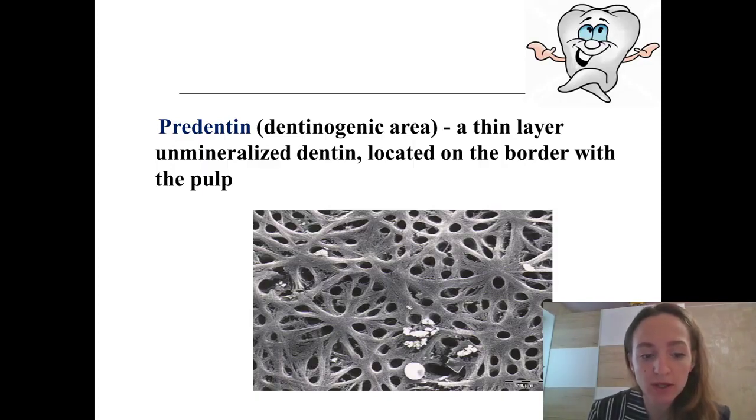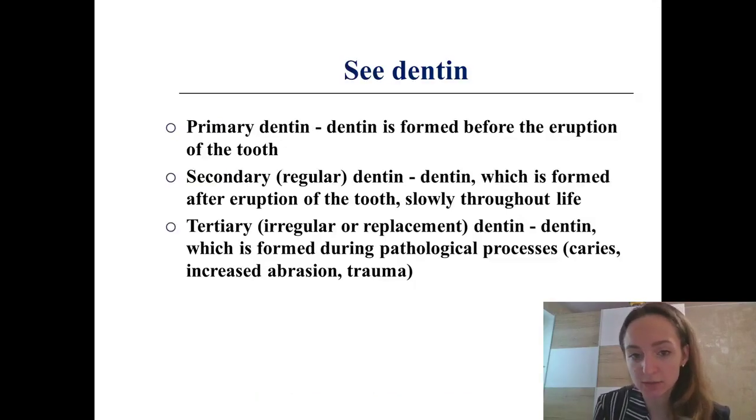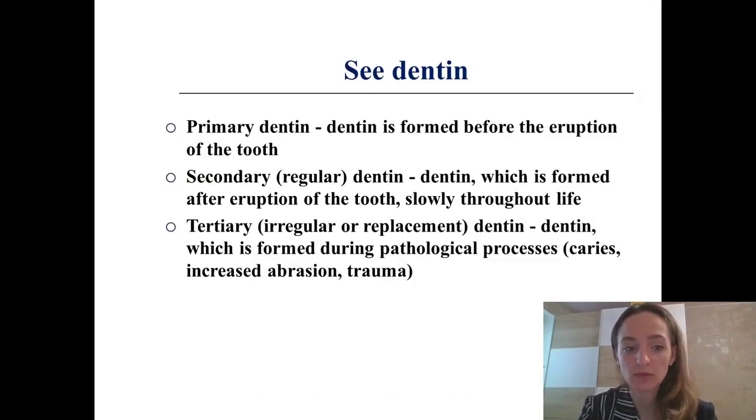After the primary dentin is formed, dentin deposition continues at a reduced rate, even without obvious external stimuli, although the rate and amount of this physiological secondary dentin vary considerably among individuals. Look please: primary, secondary, and tertiary.